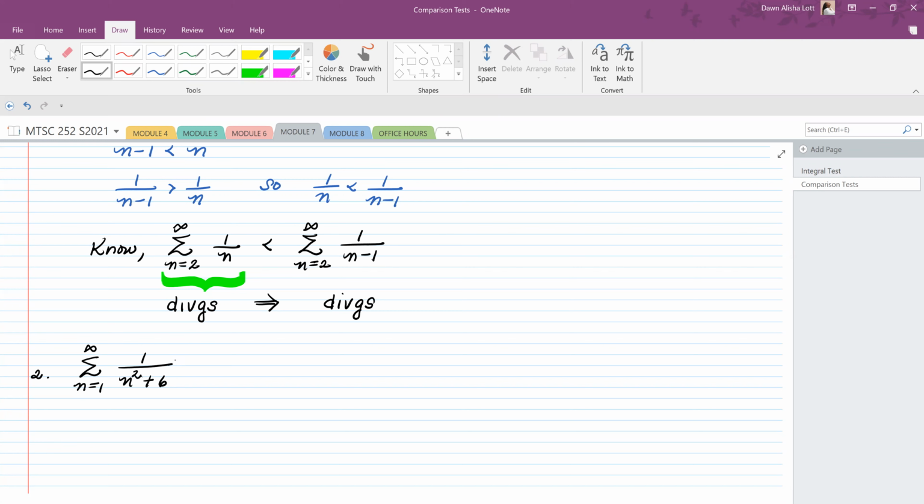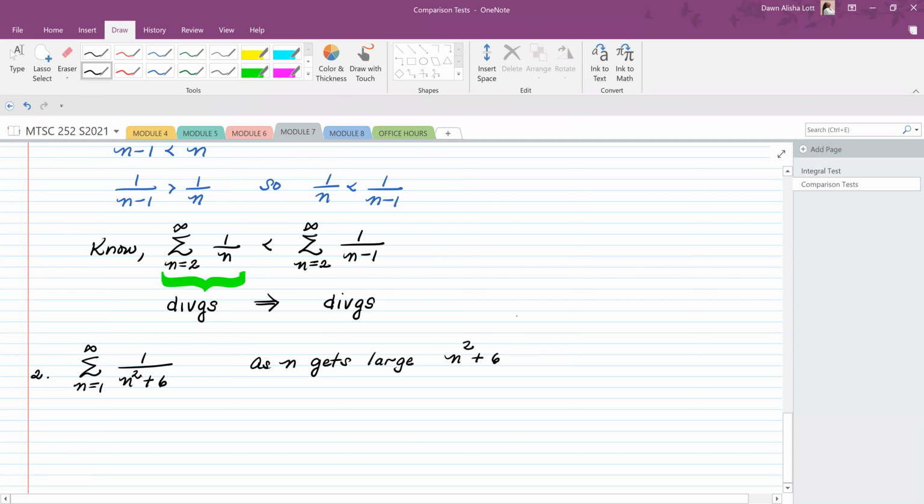So again, as n gets very, very large, n squared plus 6 looks a lot like n squared.